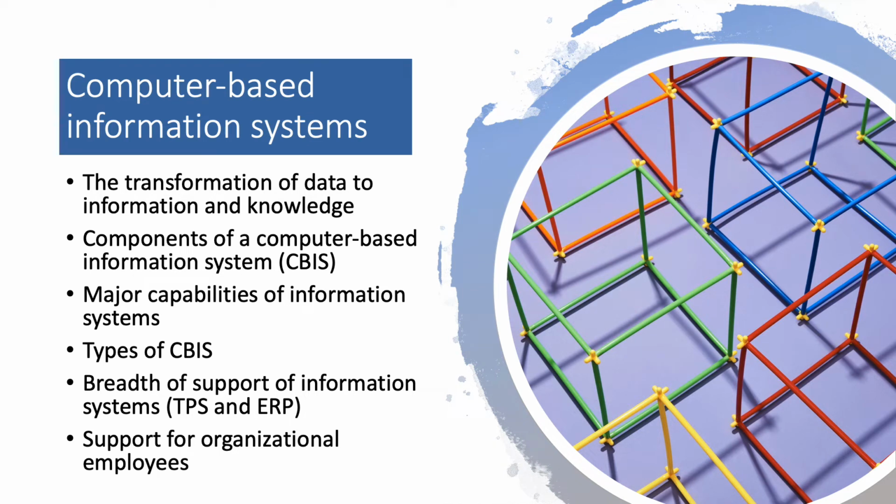So we're going to be using a lot of acronyms in this course. One of the acronyms, which certainly is not something that I use in everyday work, but is something that is definitely used in the context of this course, is CBIS, the computer-based information systems.